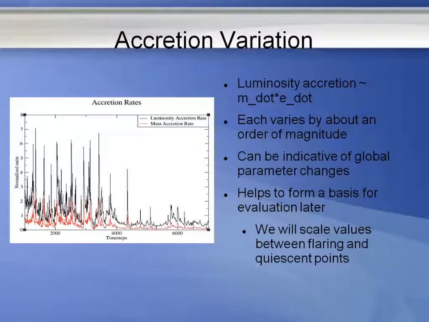And I am using this later on in the talk, I'll get to this, to motivate the amount of variation that I put on the parameters for my radiative models whenever I'm going between the flaring and quiescent states. That is, if I said there was about a factor of 10 variation here, I wouldn't want to be varying the mass by more than a factor of 10 whenever I'm going from a flaring to a quiescent state with my data later on, because that's not indicated in our simulation.